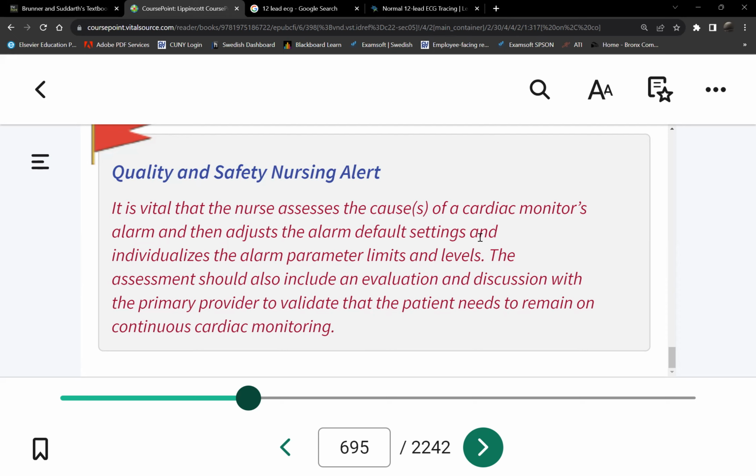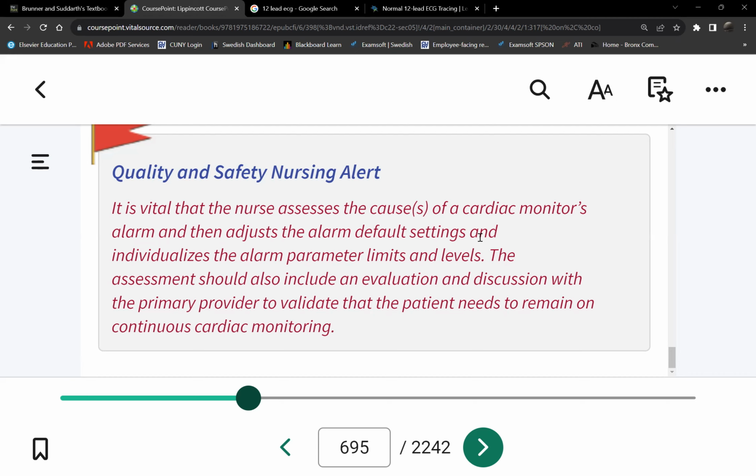No. In that case, the nurse will assess the patient's monitor and then adjust the alarm default setting, because of course the default is a normal heart rate between 60 to 100, right? So if this patient is consistently around 55, 56, will this ever stop alarming? It'll keep alarming.